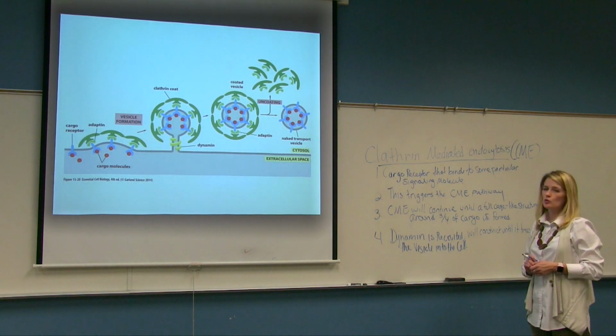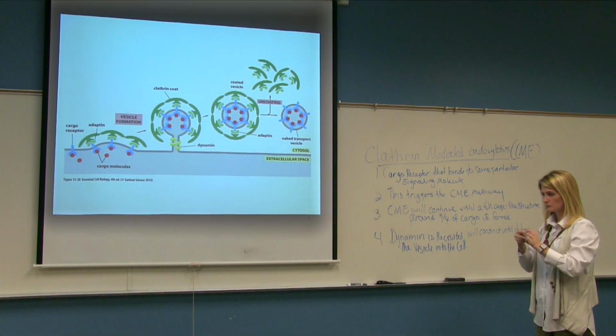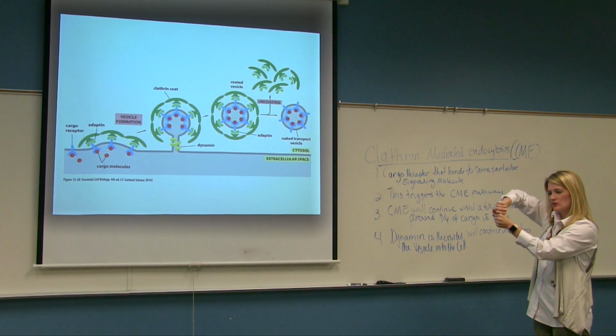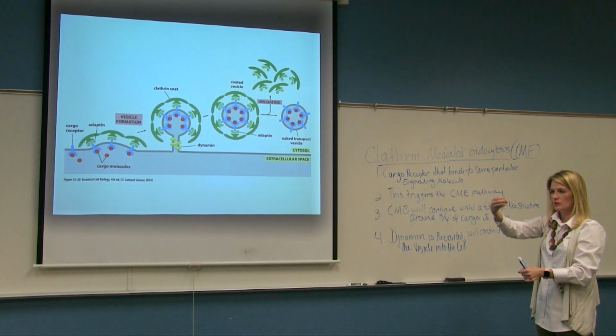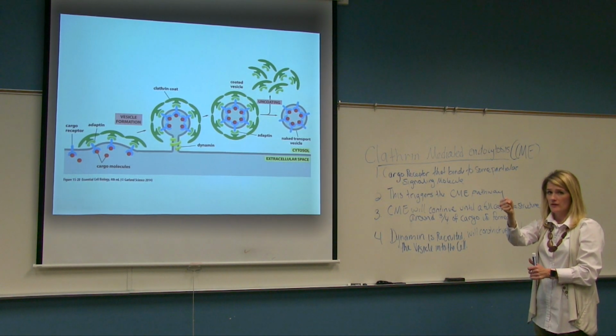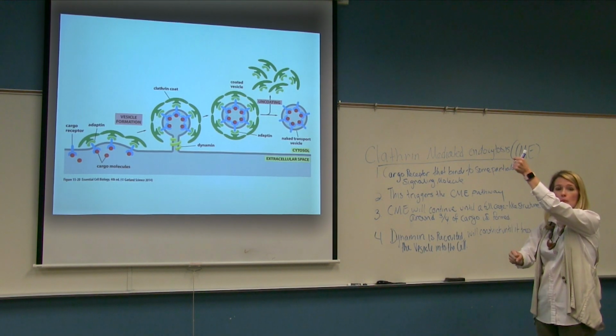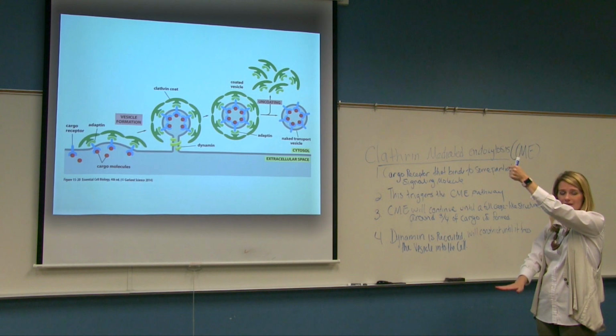And again, dynamin will do its job of constricting. It'll continue to twist, and each time that it's closing and wrapping around, it's constricting the neck of that vesicle until it pops the vesicle off of the membrane, which reseals behind it.